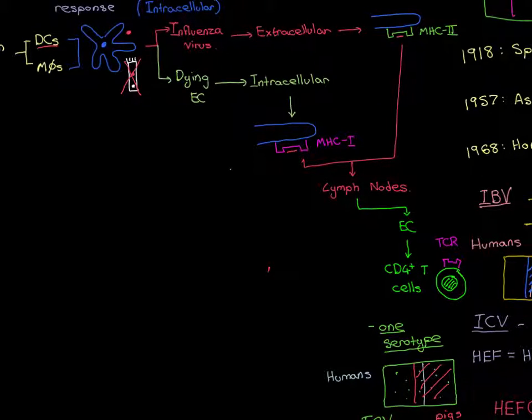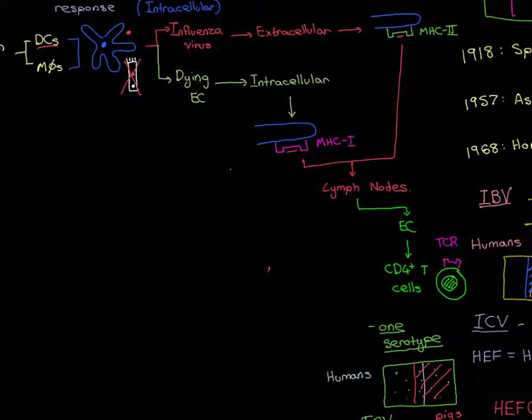If we've had the influenza virus phagocytosed from the extracellular fluid, and we've cut up its antigens into little fragments, and we've presented them all in the peptide fragment binding groove of MHC class 2 molecules on the surface of our antigen-presenting cell, and it's now come to lymph nodes, it might well come into contact with CD4 positive T cells that have a T cell receptor directed against the peptide fragment that they are presenting.